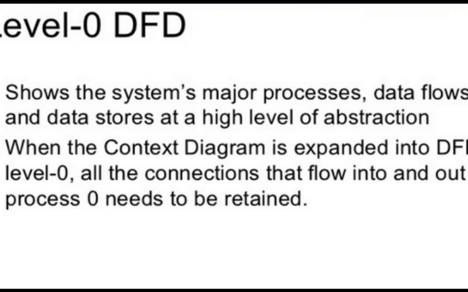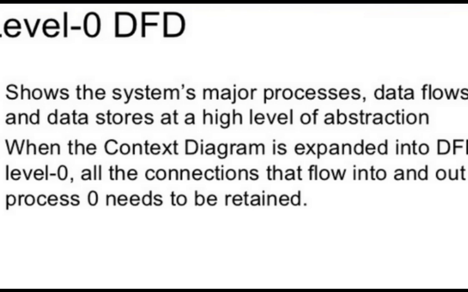Context level diagram and level 0 diagram are the initial representation of data flow diagram. Actually, level 0 shows the system's major processes, data flows, and data stores at a high level of abstraction.